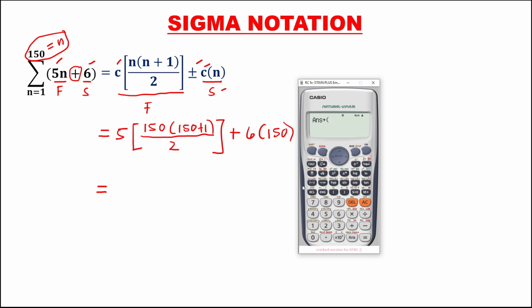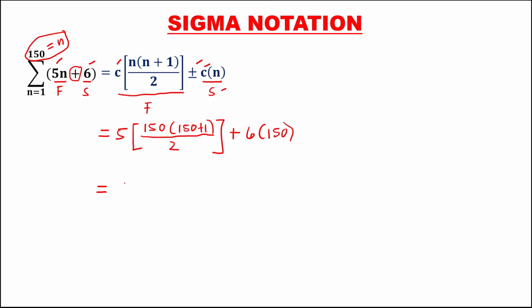So open parentheses, we can have 6 times 150. Then close parentheses. So this is equal to 57,525.